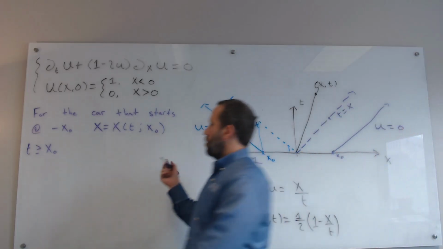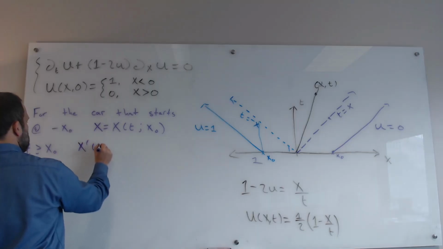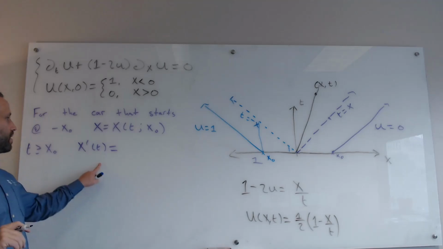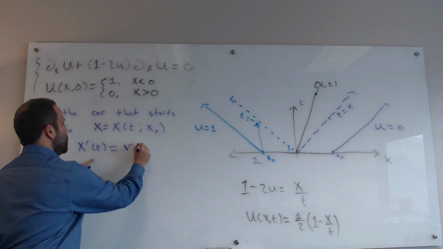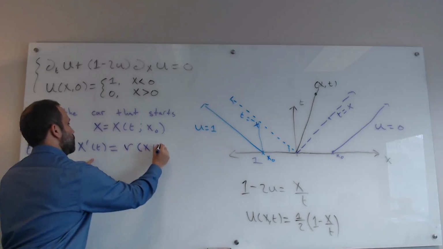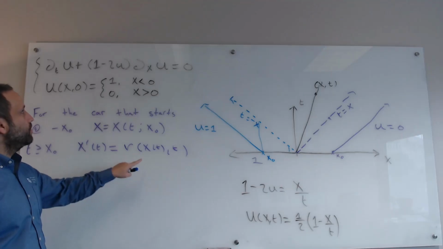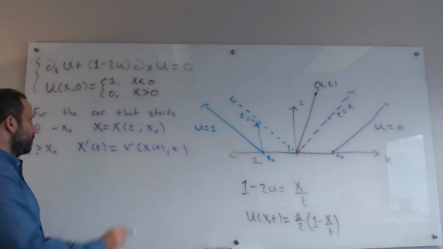Okay, for t greater than or equal to x0, what do we know? Well, we know x prime of t, that's the derivative, that's how fast the car is going, that's its velocity. It's going to be v of x of t, t. But remember, the velocity field is equal to 1 minus u.